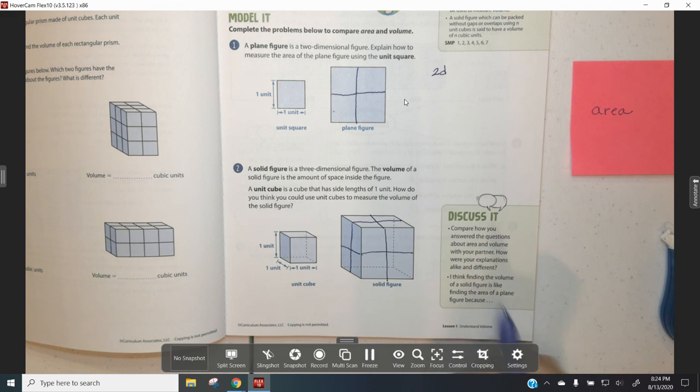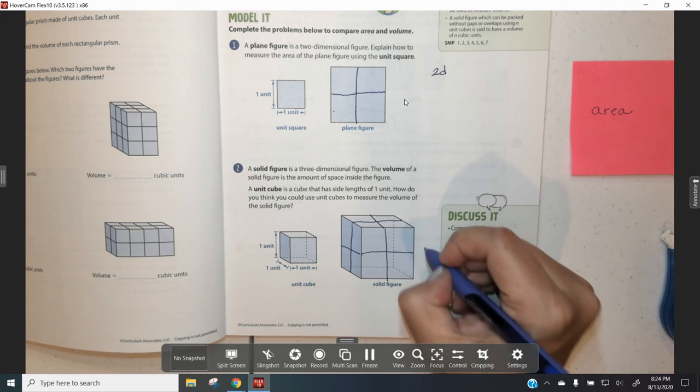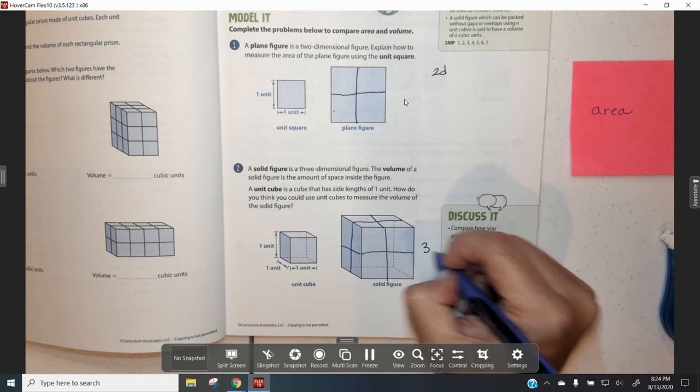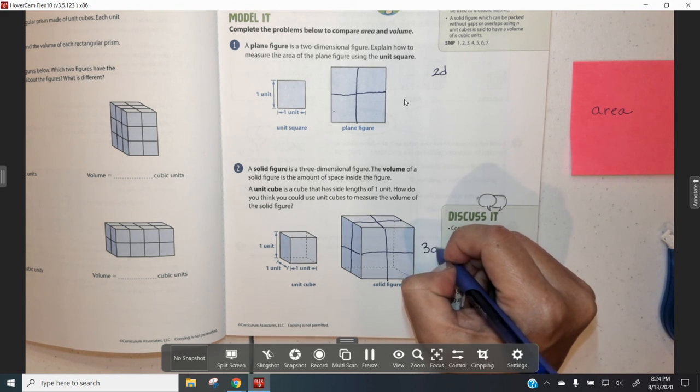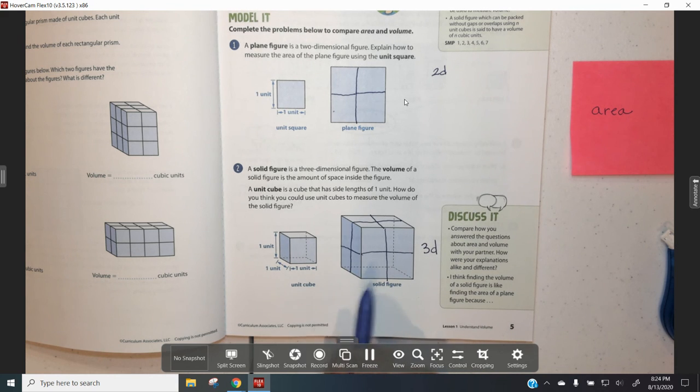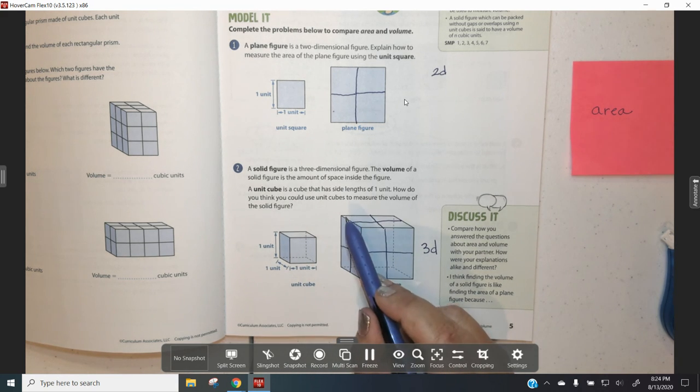And just like that, our solid figure has gone from being one large figure to holding many of these unit cubes on the inside. This solid figure is considered to be 3D, or a three-dimensional shape, because it has a length, a width, and a height.